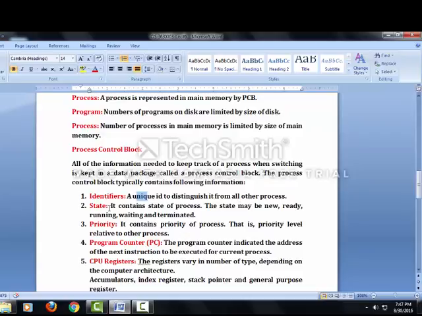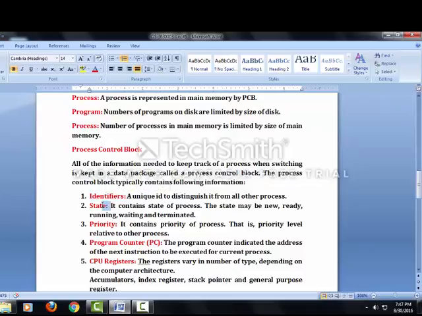As we have different names, our name differs from some other person's. In the same way, in the primary memory we have a number of processes. Every process has its own PID, and the operating system recognizes every process from its PID, and that is the identifier for the operating system.